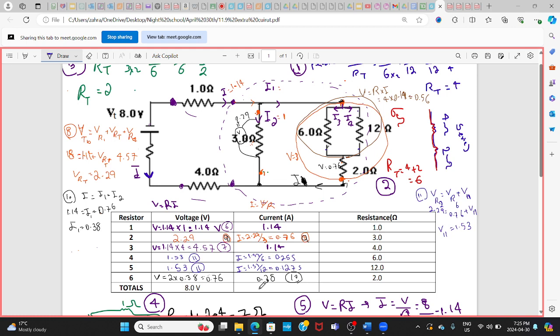Now the current the battery provides is the same as I. I need to write it down. And you know that the I that we got, passing through the 4 ohm, is 1.14.